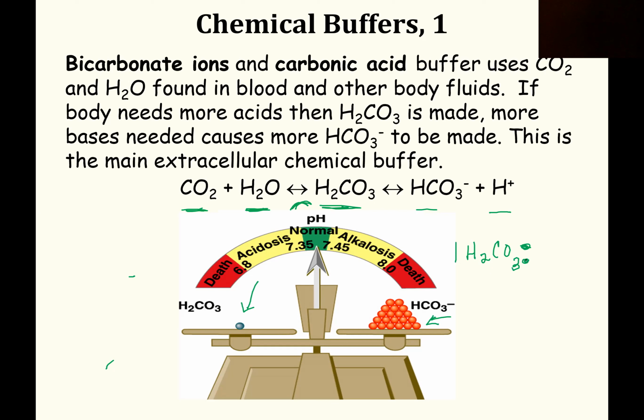It's a ratio, 1 to 20 bicarbonate ions, HCO3 with a negative charge. Don't forget the negative charge. So that's where we keep the blood pH in that 7.35 to 7.45 range, which is a very narrow range to keep pH in.